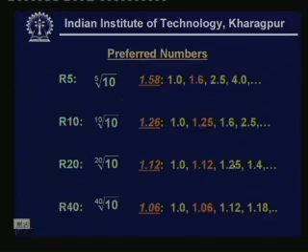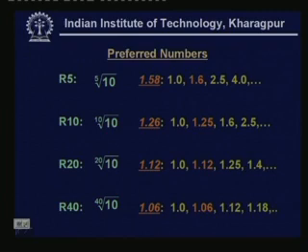This particular idea is called preferred numbers. What are preferred numbers? It has been observed that if we make objects of various sizes, suppose one size is x, then y, then z, like that, then all the sizes will have a difference which always follows a geometric progression.